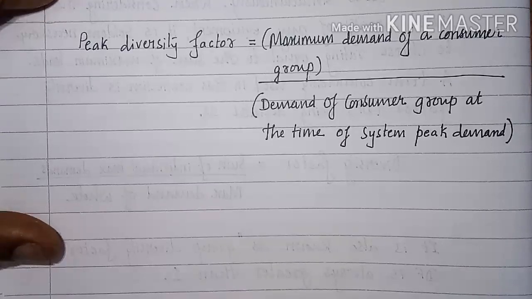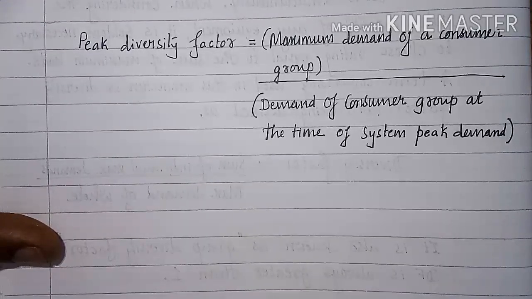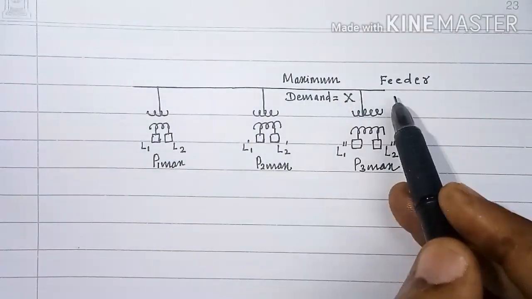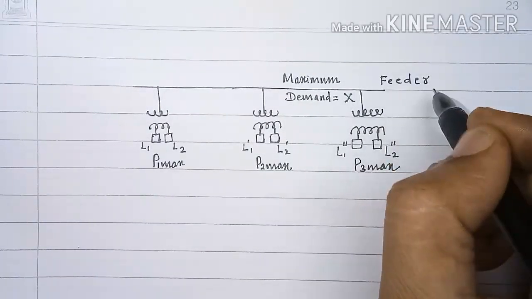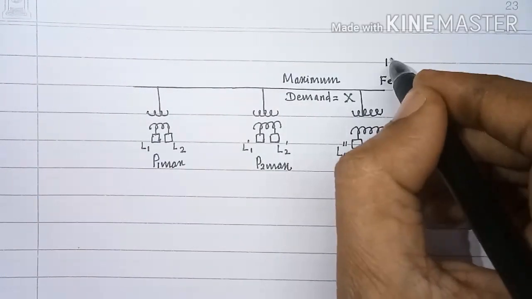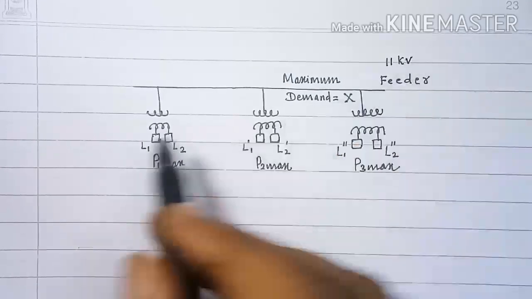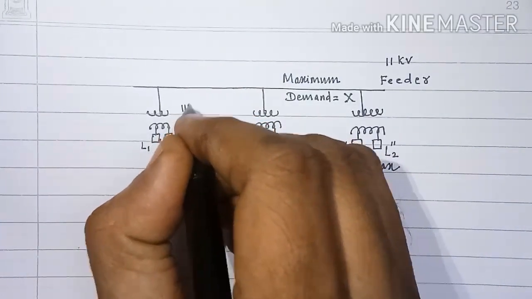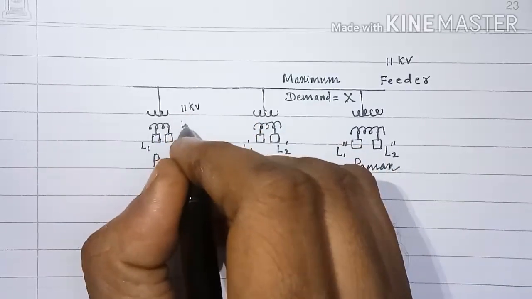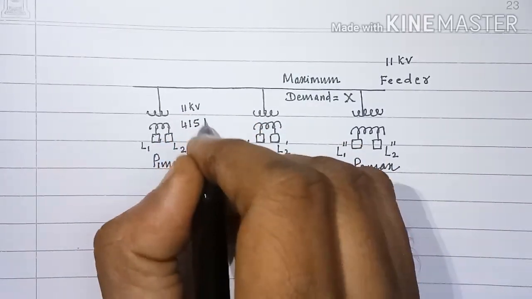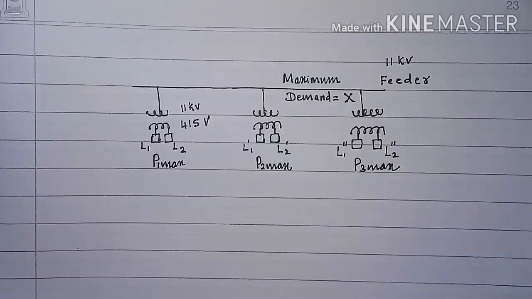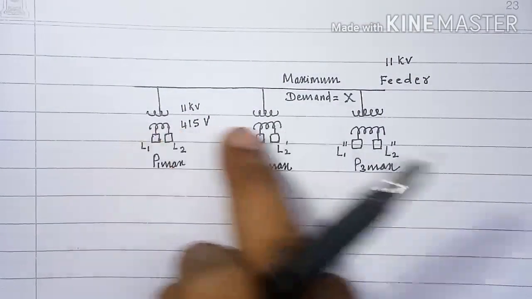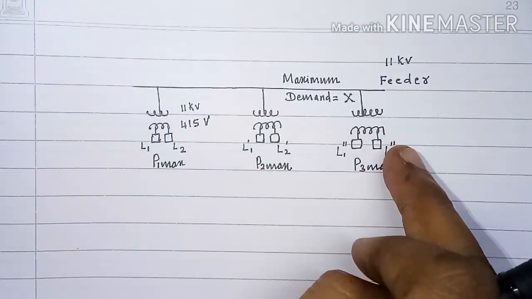To understand what is peak diversity factor, let us consider an 11 kV feeder here, to which 3 11 kV by 415 volt transformers are connected. Transformer 1, 2, 3.